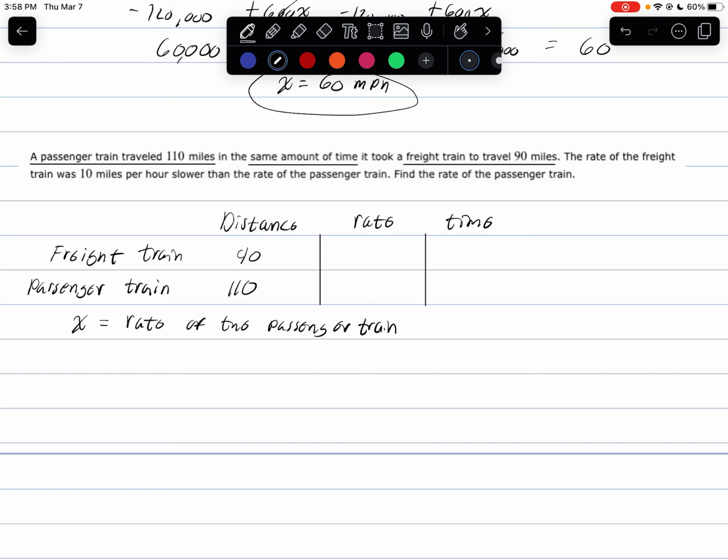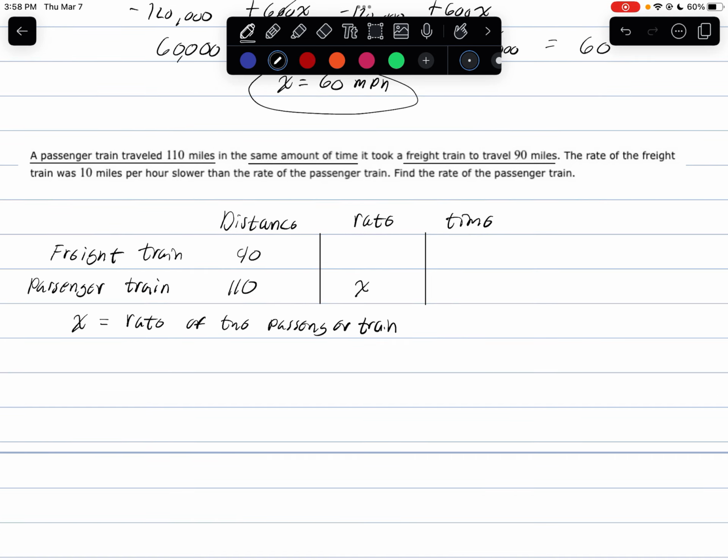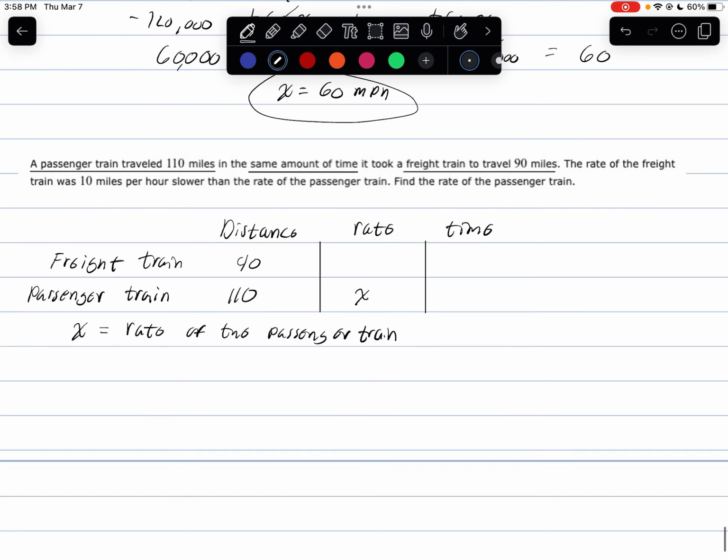So here, we know the passenger train is x. That's the rate of the passenger train. And we know that the rate of the freight train was 10 miles per hour slower than the rate of the passenger train. So let's do x minus 10 for our rate here.